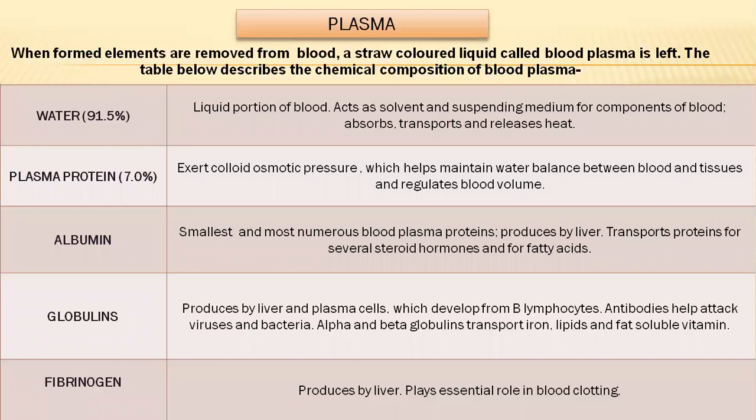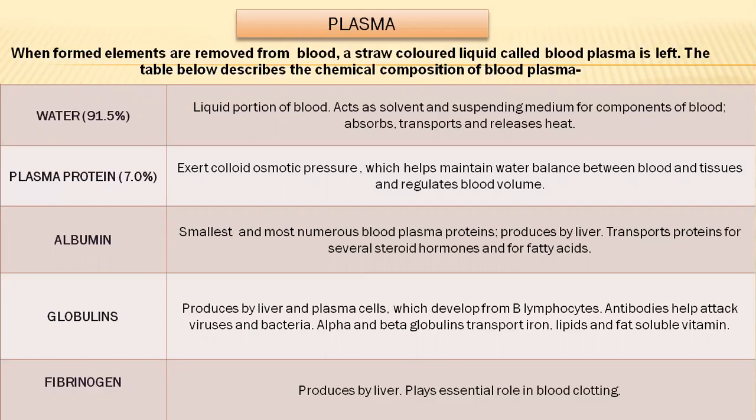Then you have globulins. Globulins are produced by the liver, and some of the globulins are produced by plasma cells or lymphocytes or white blood cells. Those that are produced by plasma cells or B cells are called immunoglobulins. Plasma cells develop from B lymphocytes.